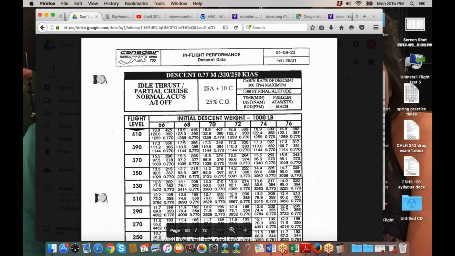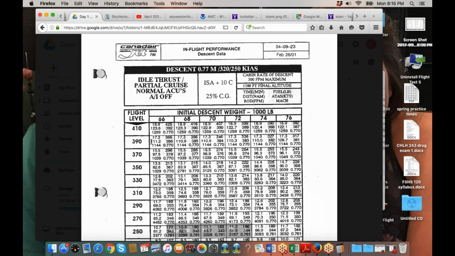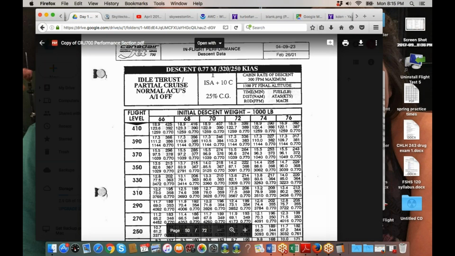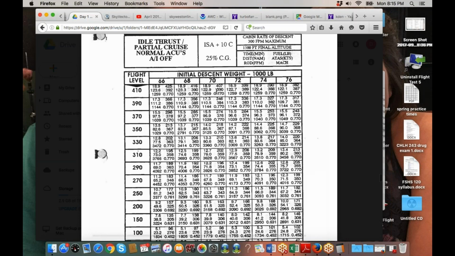These are just more descent tables for different flight levels, different weights, different ISAs. So when you're computing your flight levels later, you'll have to go in and compute your ISAs, and that's why there's so many of these tables.